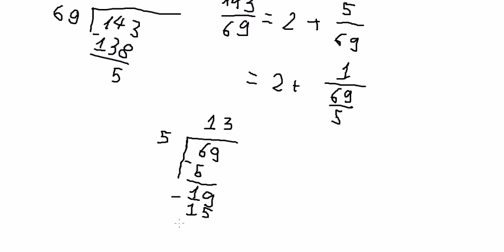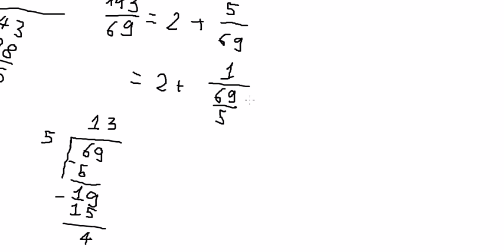We minus together, you get 4. So in this situation, you get 2 plus 1 over 13, and we have 4 over 5.